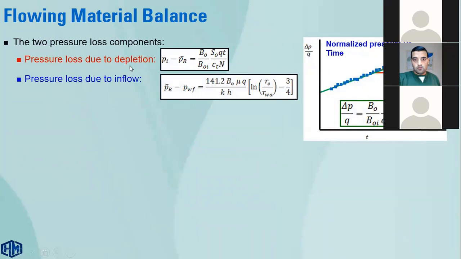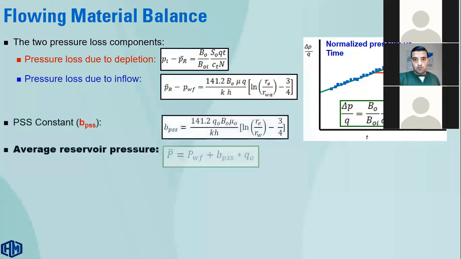This is the definition of pressure loss due to depletion, this equation, and pressure loss due to inflow. Pi minus average reservoir pressure is the pressure loss due to depletion, and PR minus Pwf is the pressure loss due to inflow across the perforations. After that, if we plot delta P over Q versus time, as you can see in this plot, we will get this term, b sub PSS, or the pseudo-steady state constant.